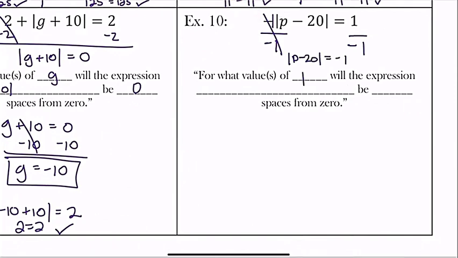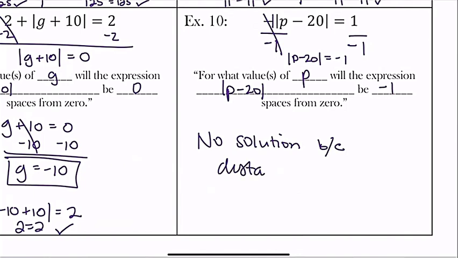So here we're looking for the value of P where the expression P minus 20 will be -1 spaces from 0. But remember, you can't have a negative distance, so this one doesn't work. So we would say no solution, because distance can't be negative.